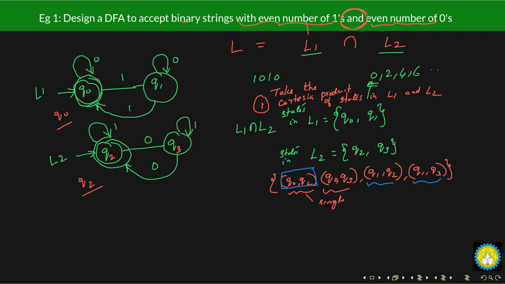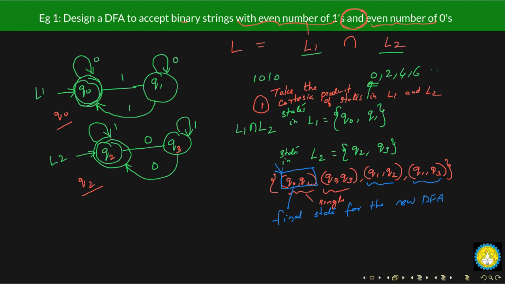But as of now, our new DFA will contain all these 4 states, and we are also able to identify our final state from this set of states by looking at the final state in L1 and the final state of the DFA for L2, and then the combination of that will be the final state for the new DFA. So this is very important.